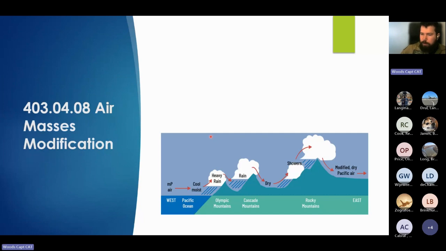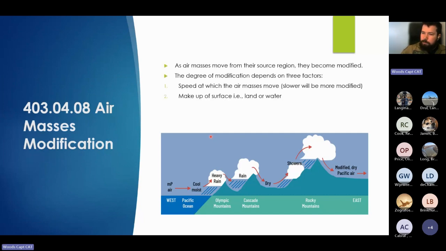Okay, so we'll talk about air mass modification. Basically, the air mass is formed somewhere in the source region. It takes on the characteristics of the source region, but then as it moves a really long distance, it can gradually start to be modified a little bit by the areas that it passes through.